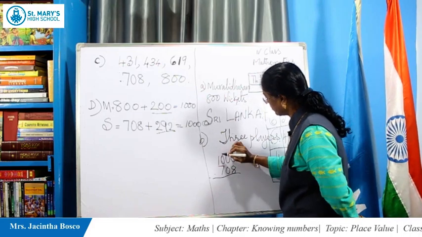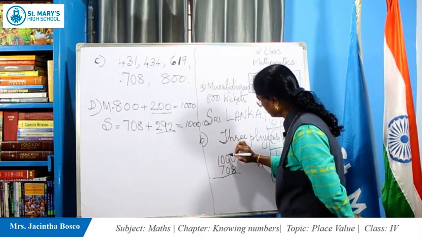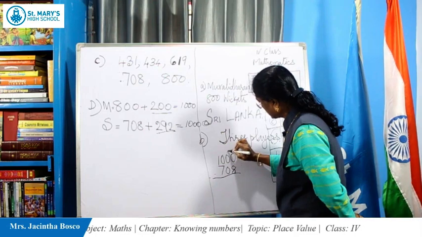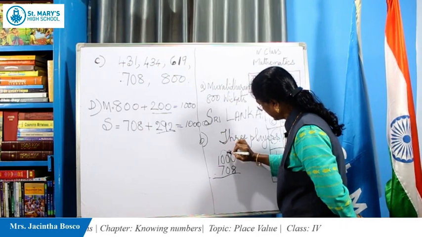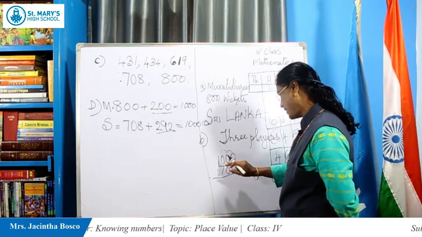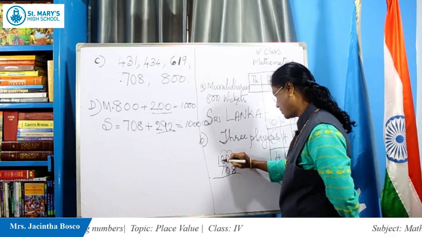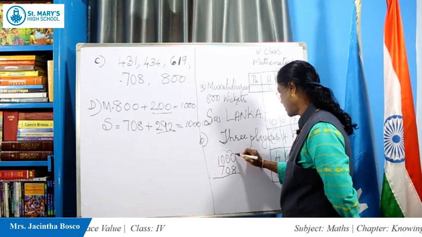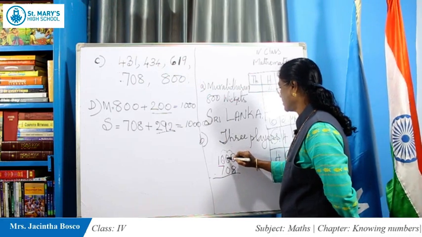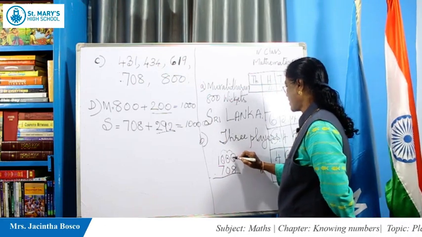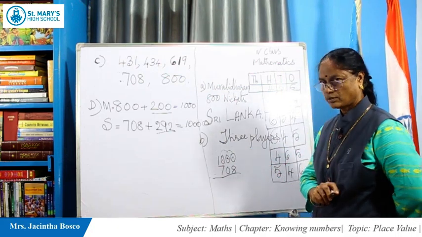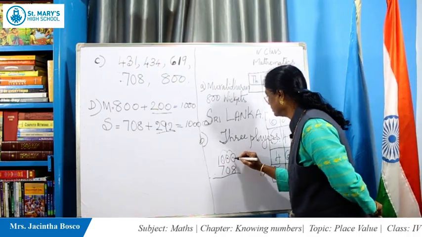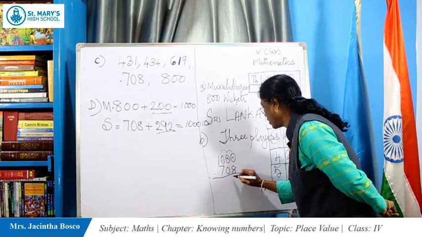So, I need to borrow from here. From 10 I borrowed 1, it becomes 9. Here I got a 10. From 10 again I gave here 1. That means it's 9 here. It's 10 here. Got it? Do you understand?